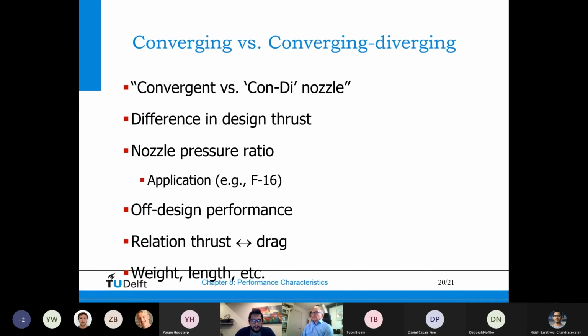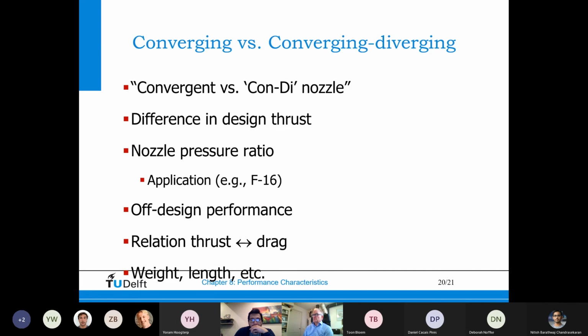Okay, so then we have convergent versus convergent-divergent nozzles, so they have a different design thrust and nozzle pressure ratio. Civil turbofan engines only have convergent nozzles.